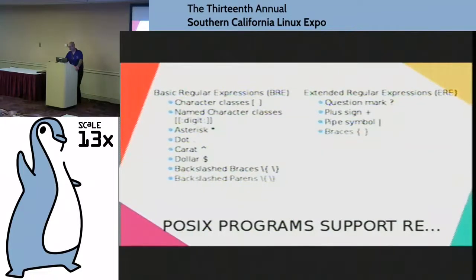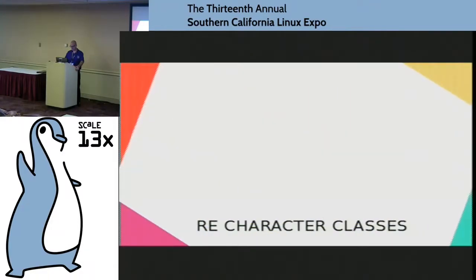The curly braces don't have to be backslashed when you do extended regular expressions. They're just regular braces. Same with the parentheses. And then whenever you're doing your command with the extended regular expression, it still supports all the basic stuff, the character classes, the asterisk, the dot, the caret, and the dollar sign.